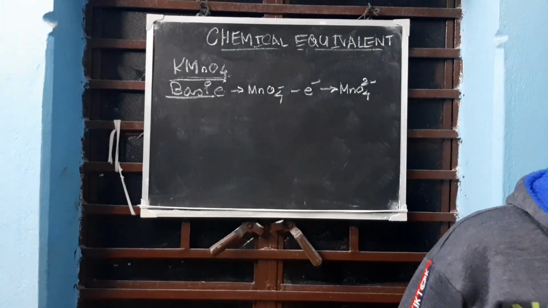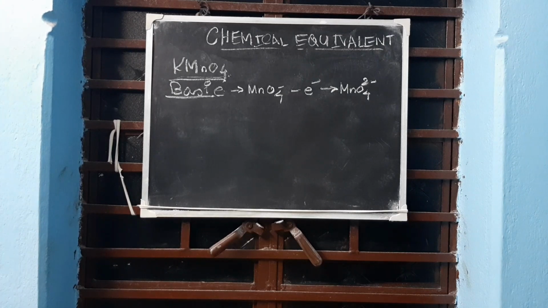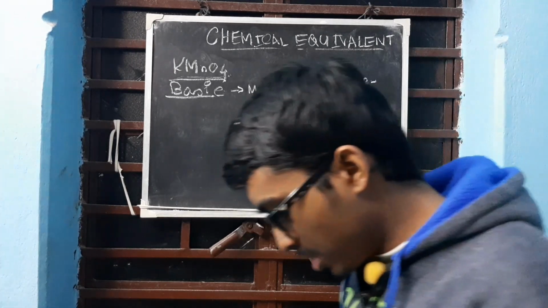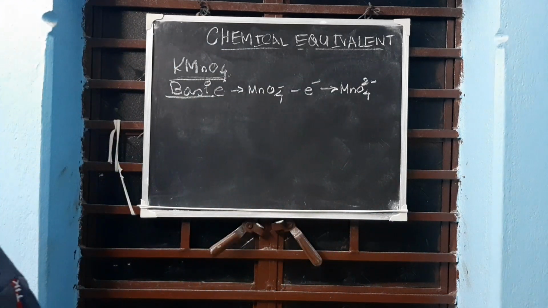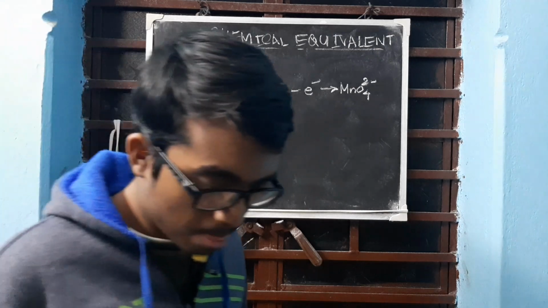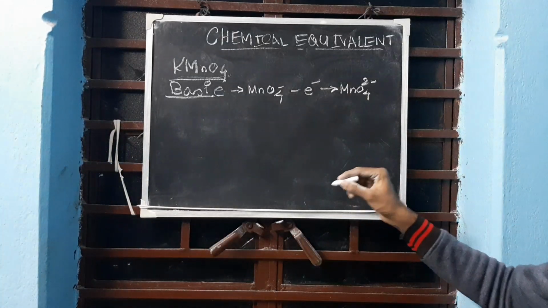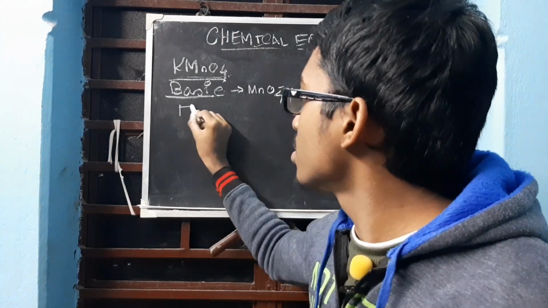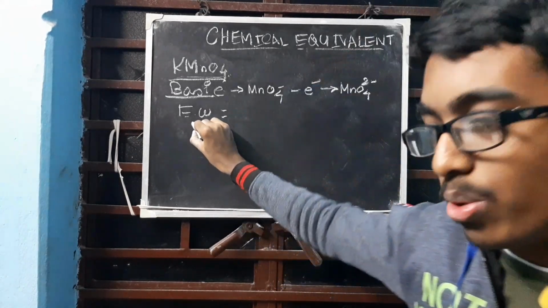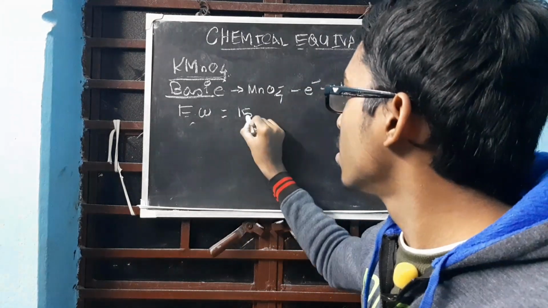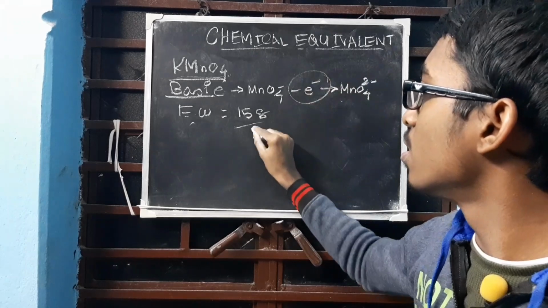Let me calculate the molecular mass. It is 158. So what is the equivalent weight? This is 158. How many electrons lost or gained?